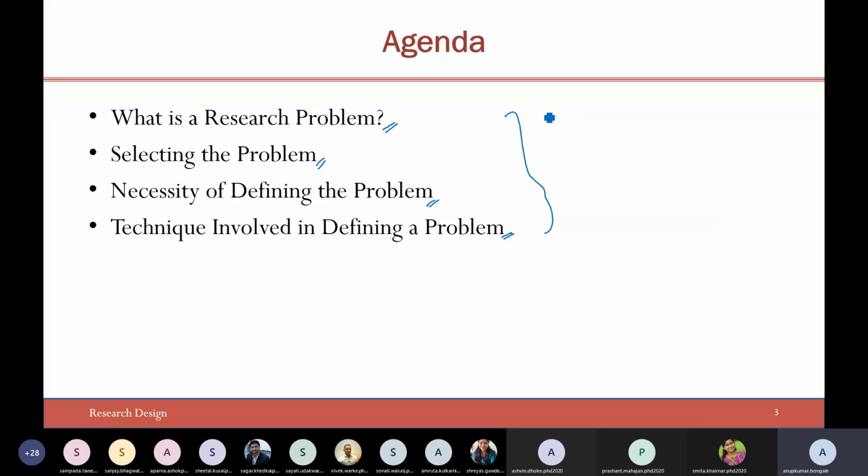Throughout the session, I'll be giving you sufficient time for interaction, for polling and giving your opinions. Otherwise, I'll be simply telling you what is research, what is this, what is that, and so on. So instead of doing that, let's have a detailed and interactive session.